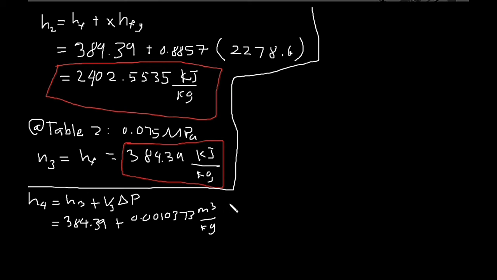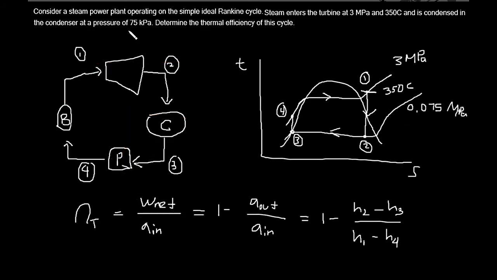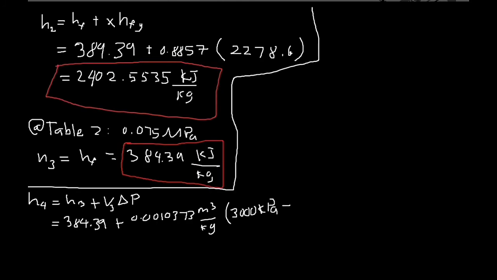Then multiply that to a delta P, but the unit in pressure needs to be in kilopascal, so that your final unit is kilojoules per kilogram. So 3 MPa is equal to 3000 kPa, minus the low pressure line, which is equal to 75 kPa.